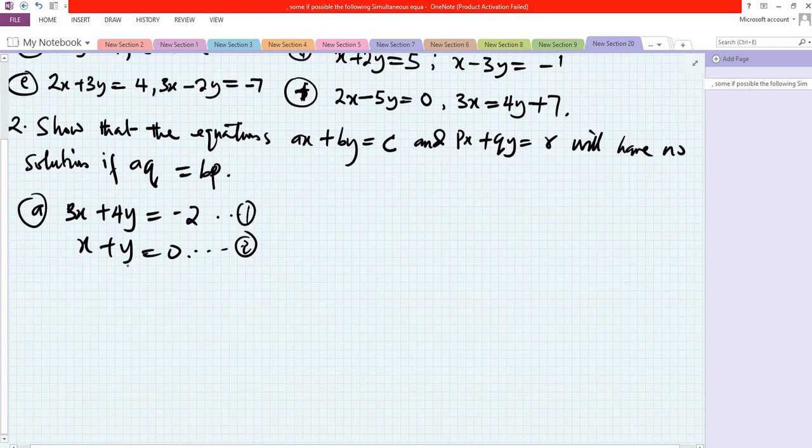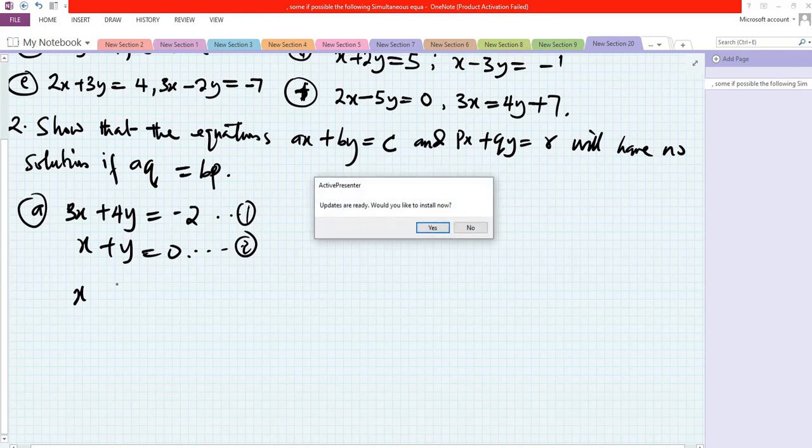So the best method to solve this simultaneous equation is by substitution. The reason why substitution is better is because the two variables have 1 as the coefficient.